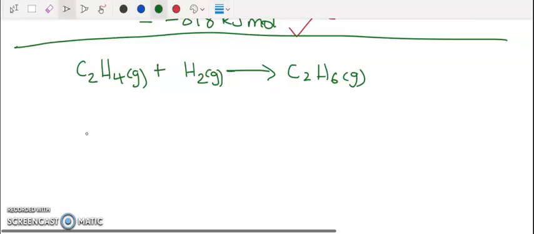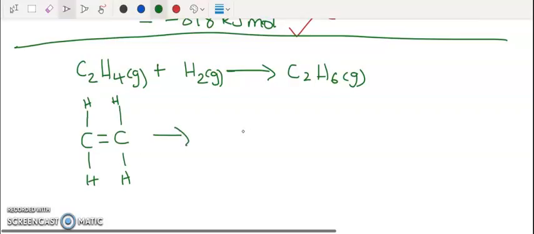So there are 2 carbons, and we know that a carbon will form a double bond, and we're going to get 1 hydrogen, another hydrogen. We're not gonna have a hydrogen here. Oops. We're gonna have a hydrogen here and a hydrogen here.